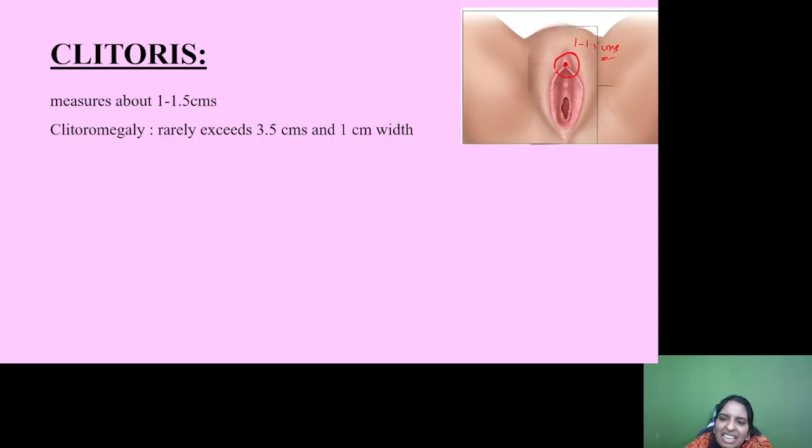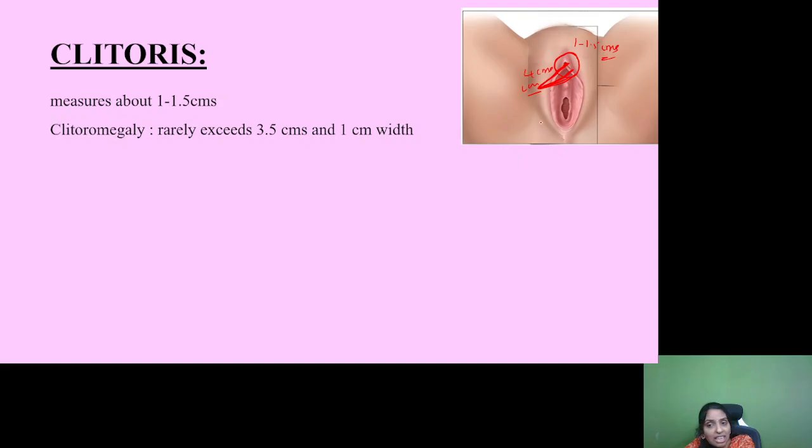Rarely, the clitoris will be a little long, about 3.5 to 4 centimeters. If it is enlarged, we call it clitoromegaly. So normal size is only 1 to 1.5 centimeters. If it is enlarged to about 3.5 to 4 centimeters, it is called clitoromegaly.